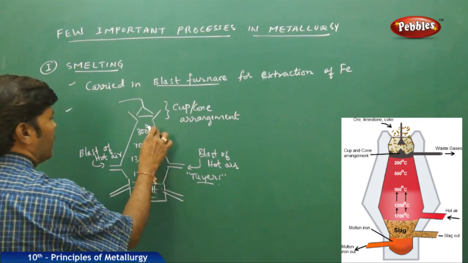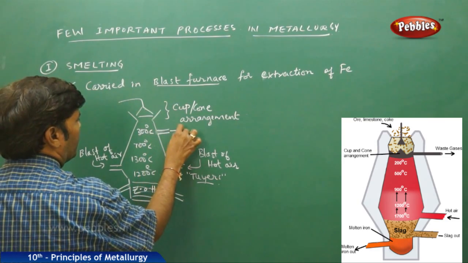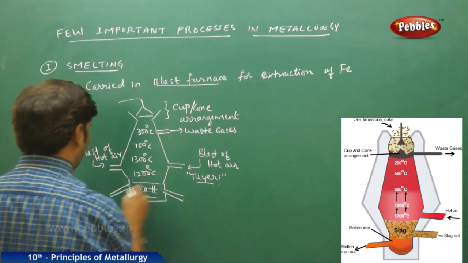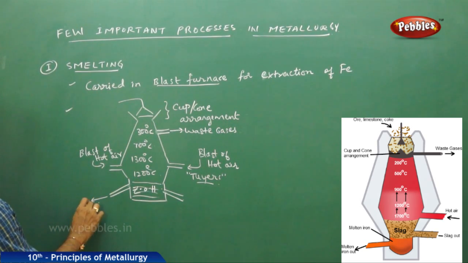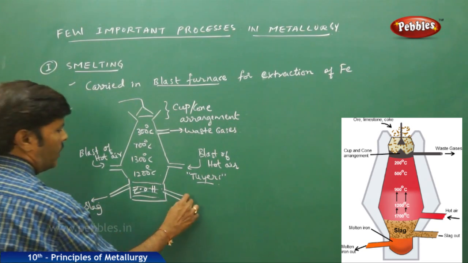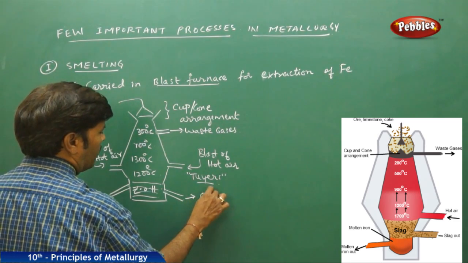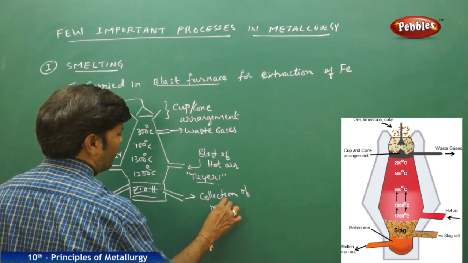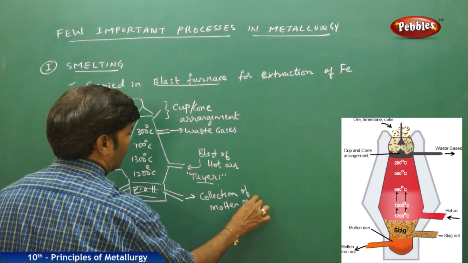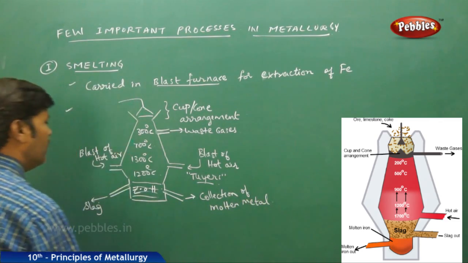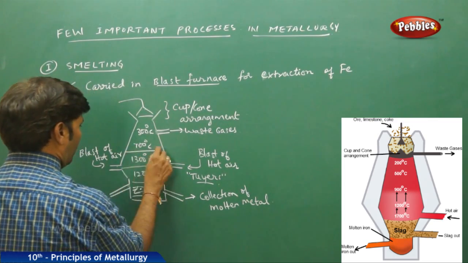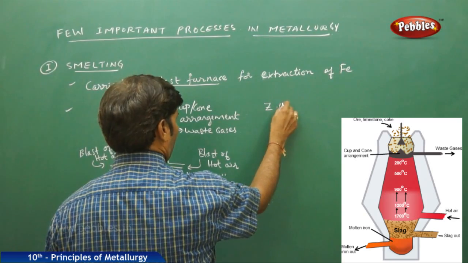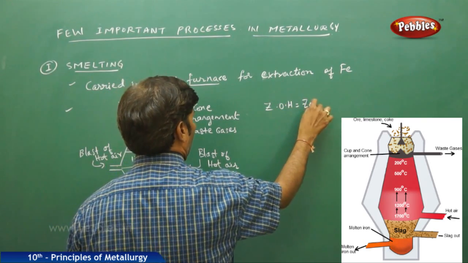Here we can see a small outlet, an escape for waste gases, that is removal of slag and collection of molten metal. So here these are different zones. Here you can find ZOH, which is called zone of earth.